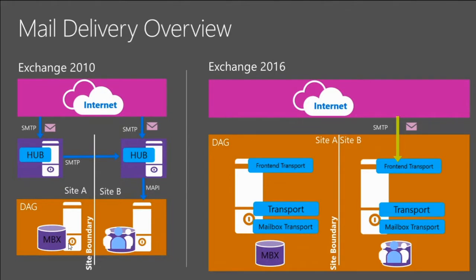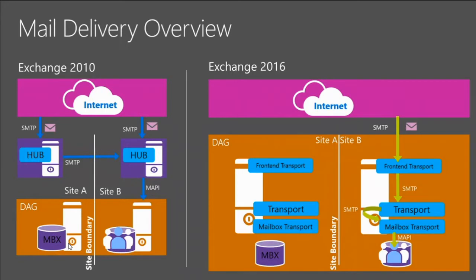Mail comes in via SMTP, always hits the front-end transport first. It doesn't matter whether it's on the mailbox server or on the cafe server, it always gets hit first. The front-end transport service will then talk SMTP to the transport service, which will then talk SMTP to mailbox transport, and mailbox transport is the only component that will actually talk MAPI locally on the machine.